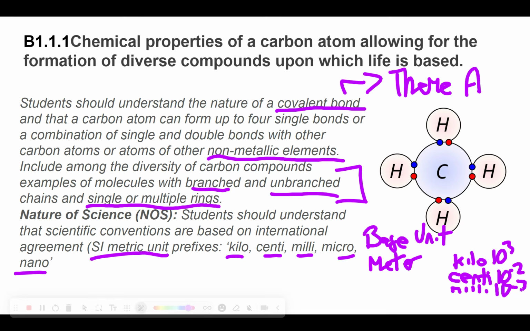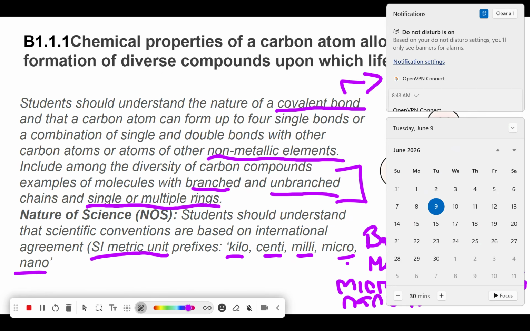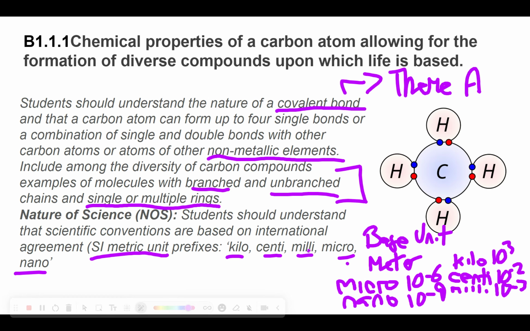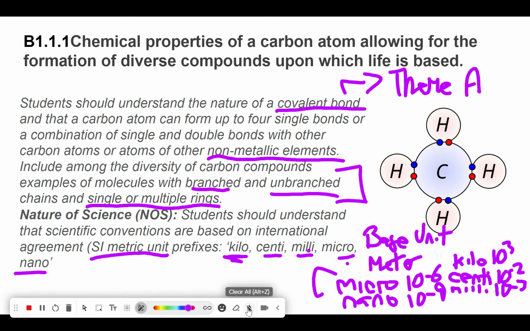A micro would be 10 to the negative 6. And a nano would be 10 to the negative 9. The IB does expect you to know these specific prefixes. They're named in the syllabus, so I would go ahead and memorize these. Sorry, that is so messy.